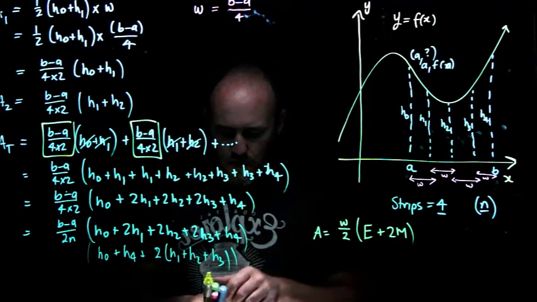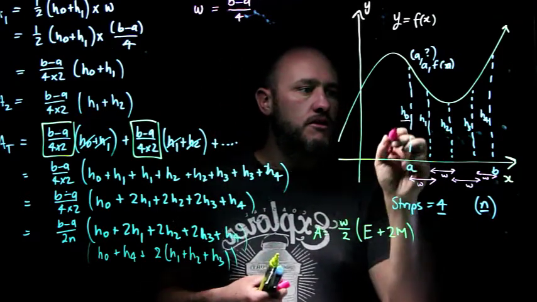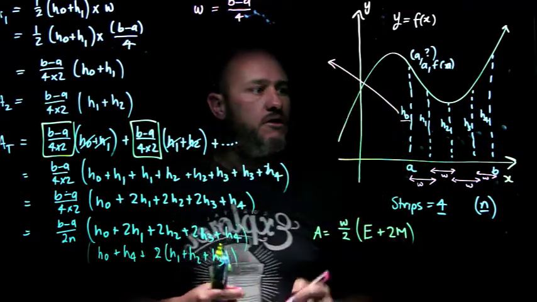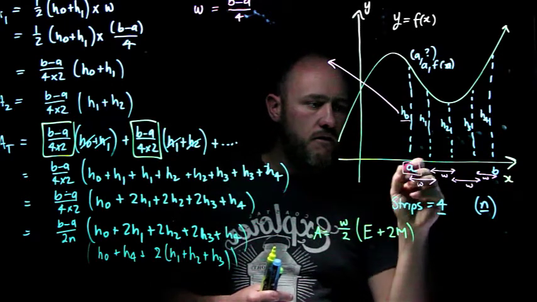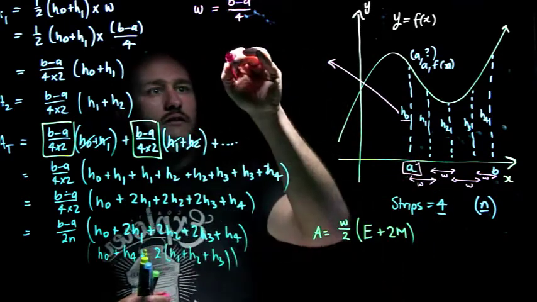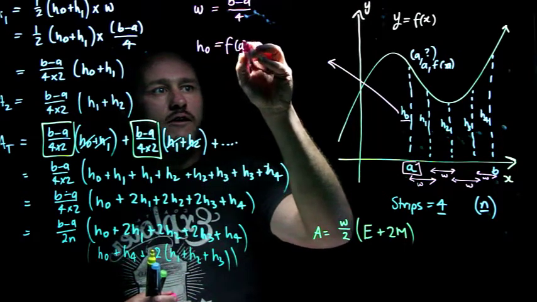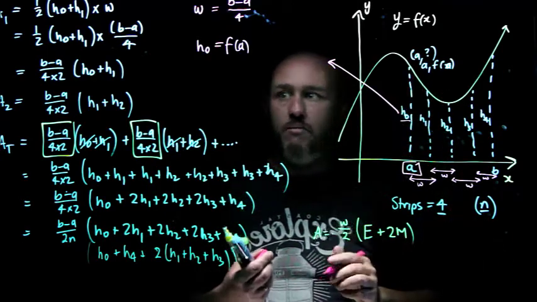The last thing I want to talk about very quickly is how we determine these h's. I'm not sure how much space I have below me, so I'm going to just rock up here with this. So h0, don't forget, h0 is when we substitute in a. So h0 actually just equals f of a. Whatever the function is, if you just put a into the function, that will give us the height at that point.